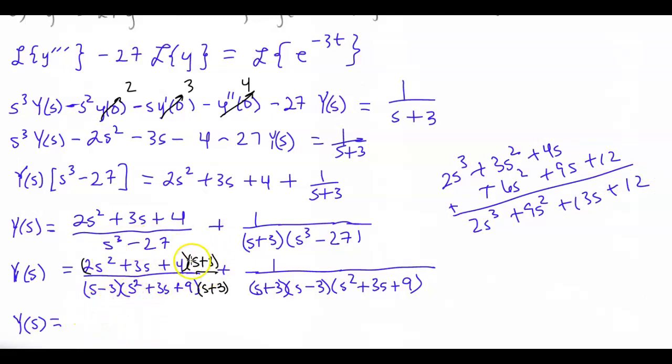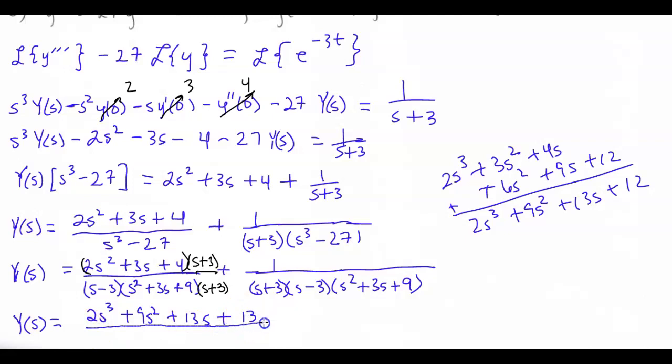And so that is what our numerator would be here, plus the 1. So that would be 2s cubed plus 9s squared plus 13s plus this 12 here plus that 1 will give us 13.